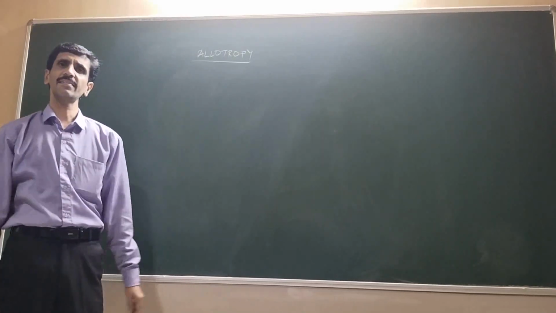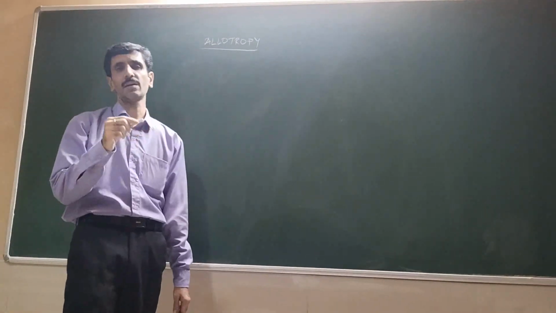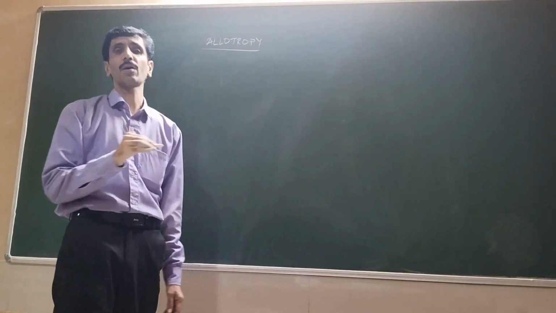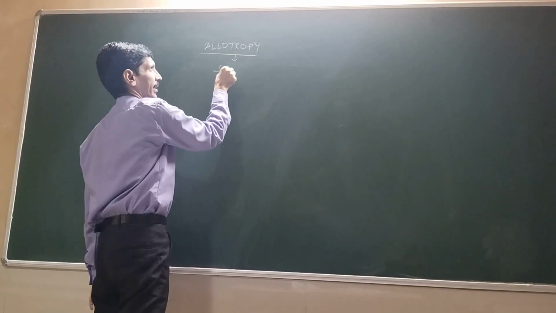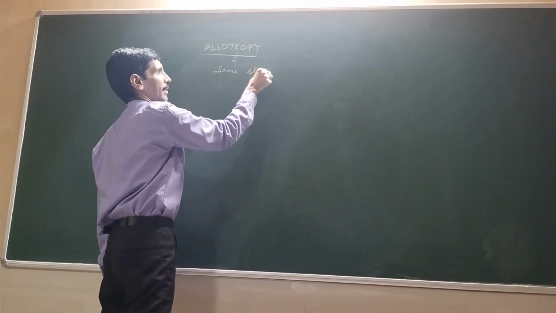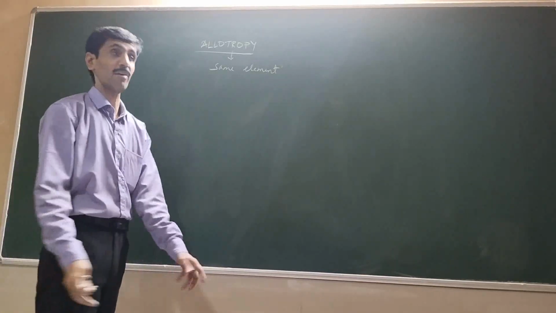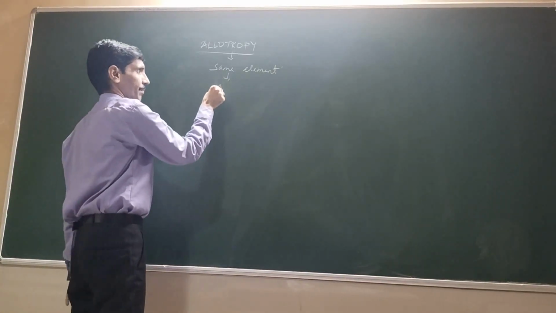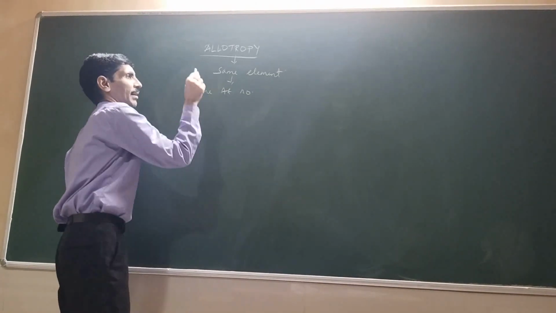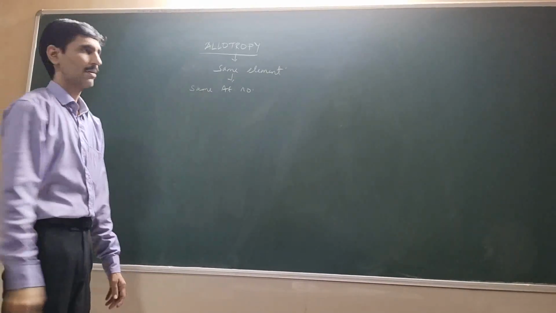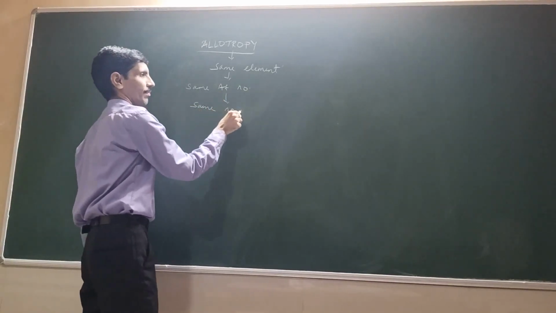Now first of all though, we have to explain allotropy with respect to elements of group 16. We need to know what allotropy is all about. When we talk about allotropy, it is associated with the same element. If the element is the same, obviously the atomic number is the same. If the atomic number is the same, we have the same number of electrons.